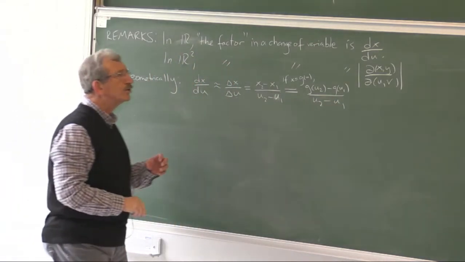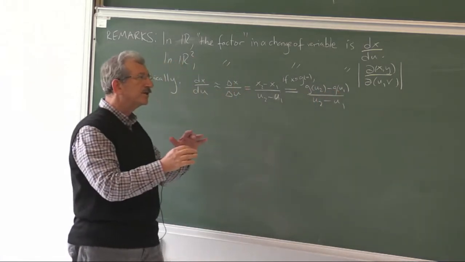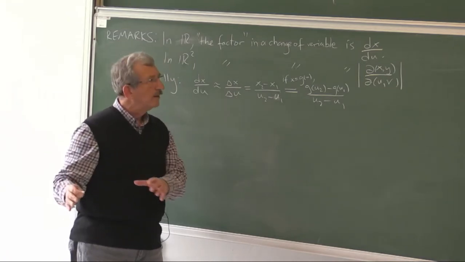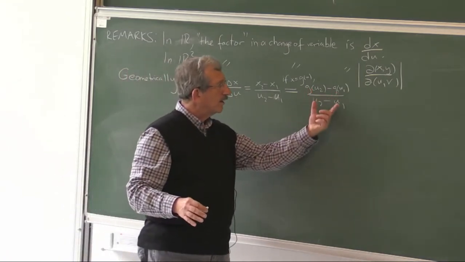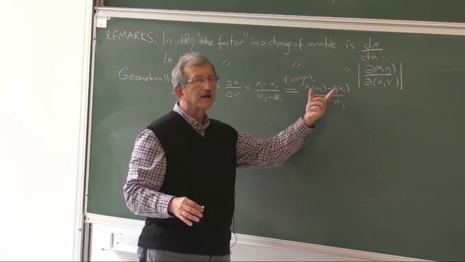In other words, these are the difference in the two values in the u real line, and these are the corresponding thing in the x real line.